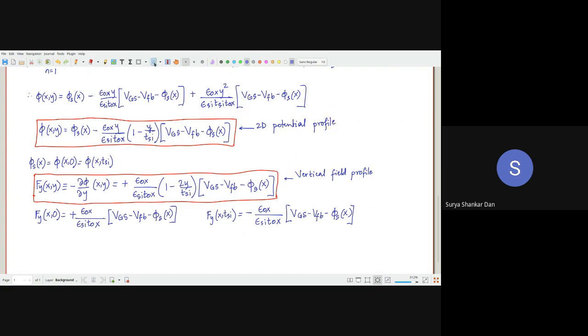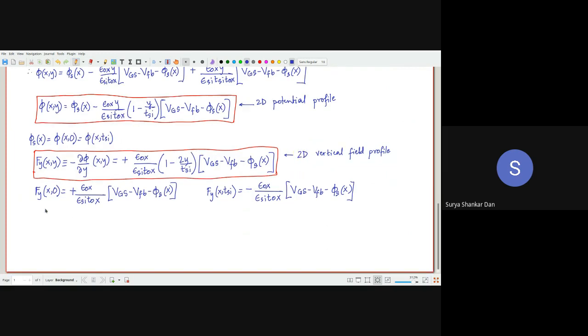I should actually write this as the 2D vertical field profile. As you can see, it has both x terms here: here is the x term, and here is the y term. So these are the 2D vertical field profile.